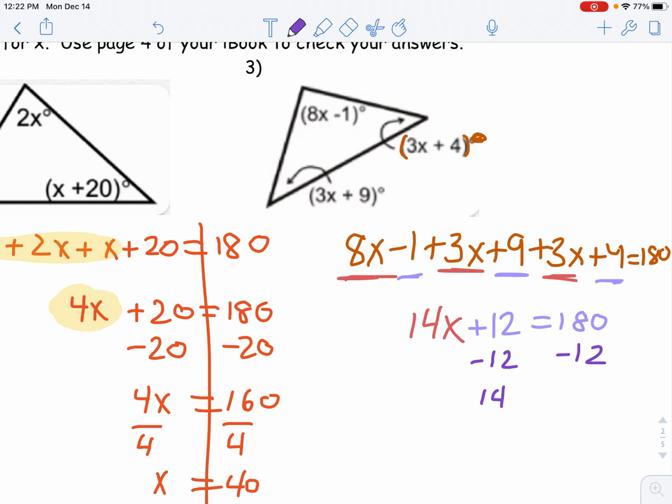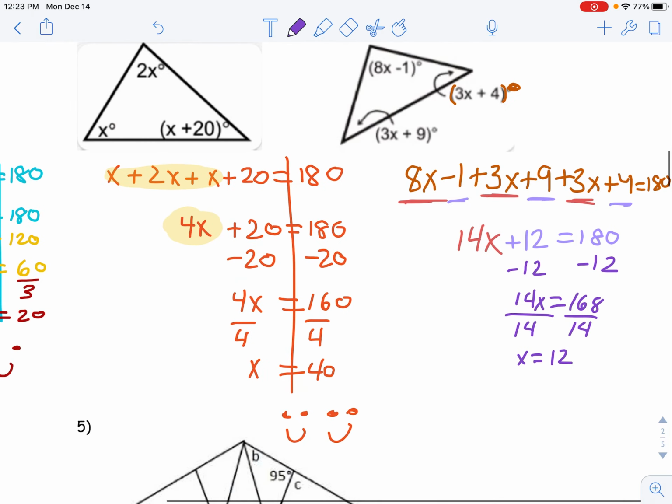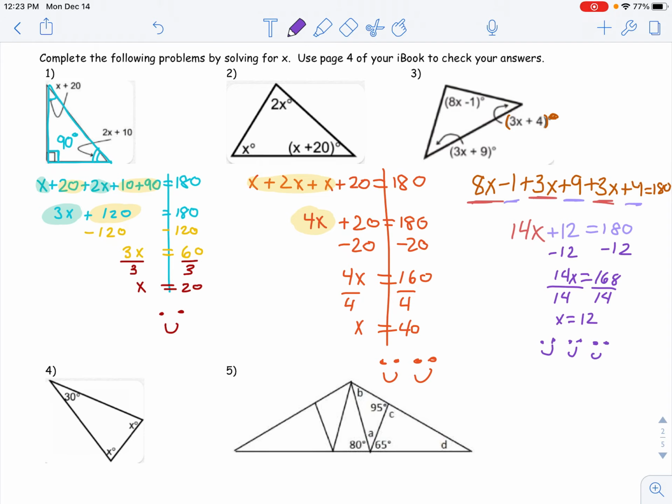I'm going to get 14x equals 168. Divide both sides by 14. And according to my puny little brain, x equals 12. And let's put a triple smiley face. Yay.